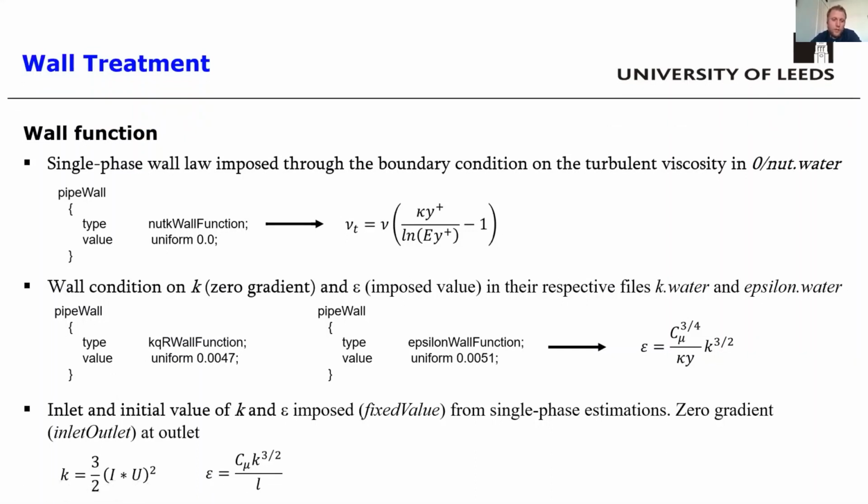For the inlet and initial condition on both k and turbulence dissipation rate, we use some single phase estimation to have a little bit of turbulence coming into the pipe and at the beginning of the simulation. And you see there the equations used for that calculation. And we have a zero gradient condition at the outlet, again using the inletOutlet condition.